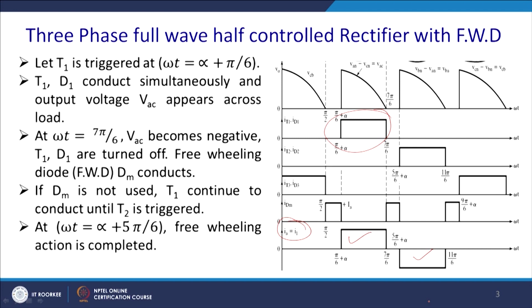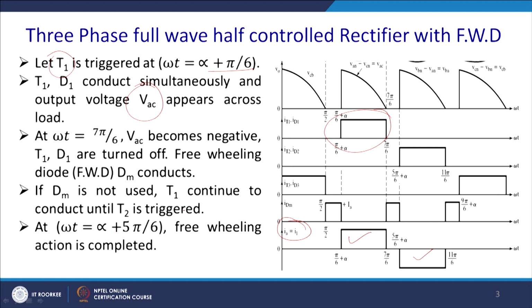It is quite elementary, just for the recap I am telling: let us take that T1 is triggered at an angle alpha plus pi by 6. So, T1 and D1 conduct, and the output voltage VAC will appear, and at omega t equal to 7 pi by 6, VAC becomes negative, T1 and D1 turn off and free wheel action takes place.